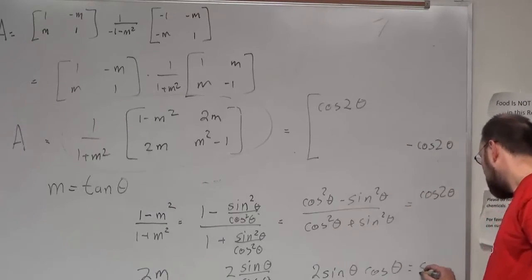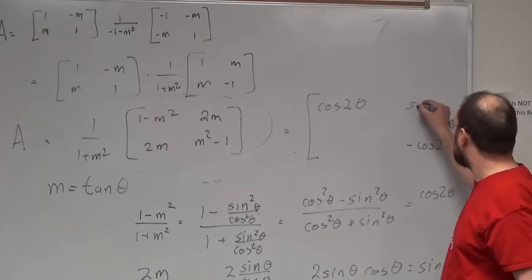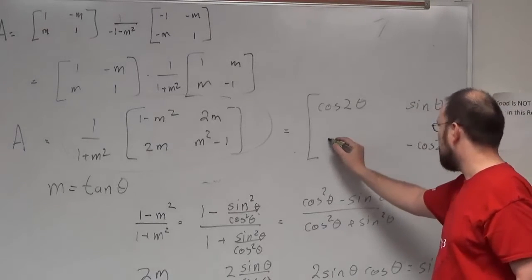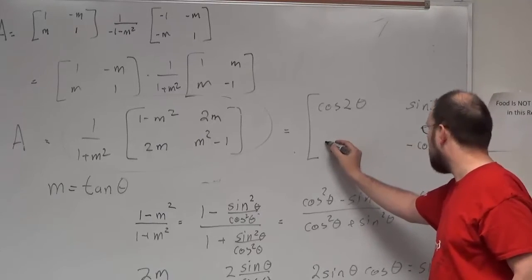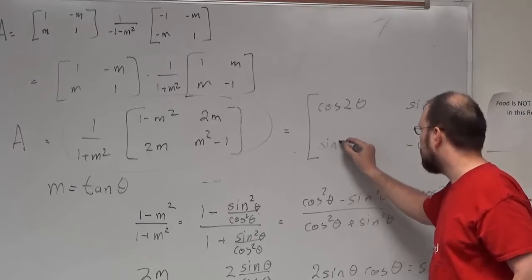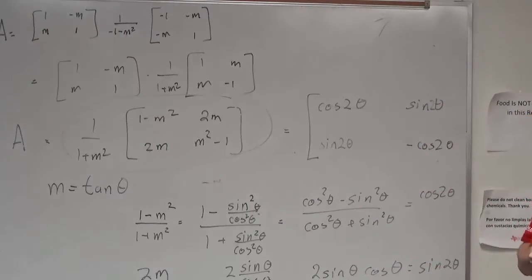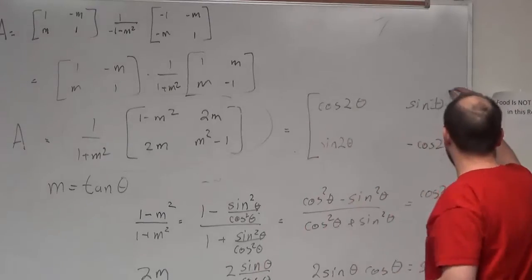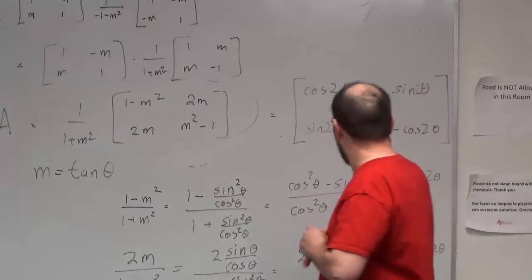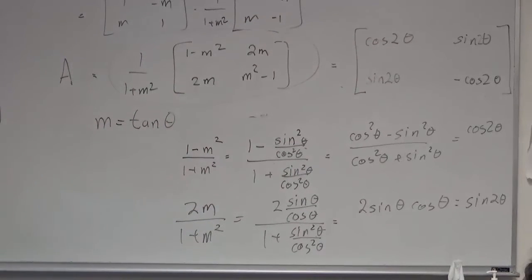Okay, so that's sine 2 theta by a trig identity. So that's the matrix that the book presented to you for reflection about a line. I'm not a big fan of this formula because it doesn't generalize well to higher dimensions, right? All right. So that's the reflection matrix for your book.